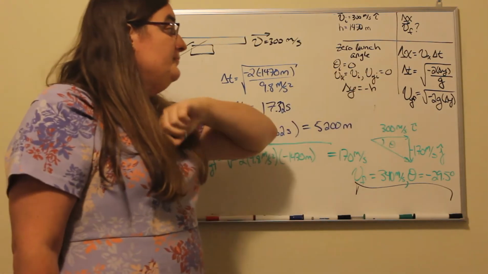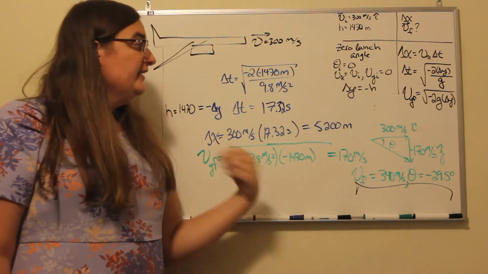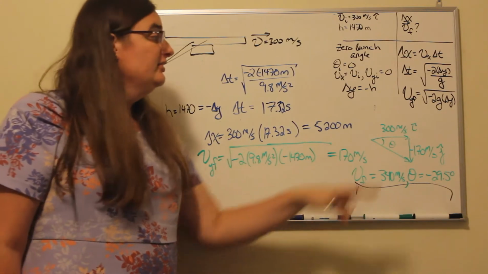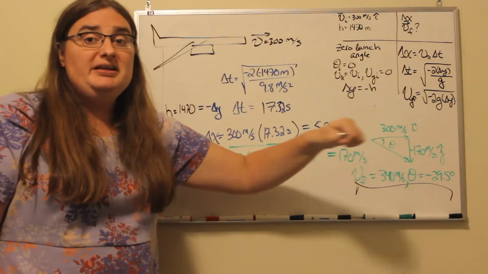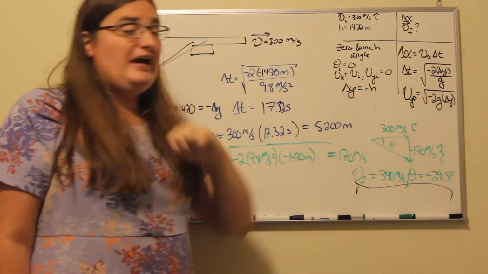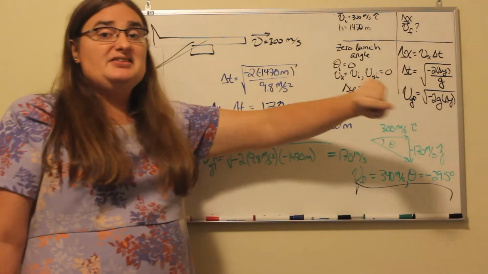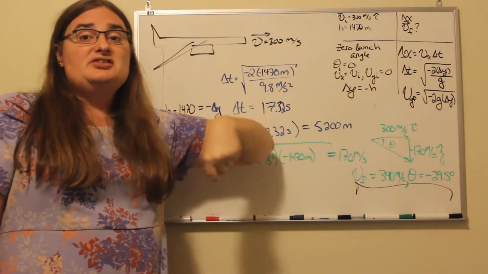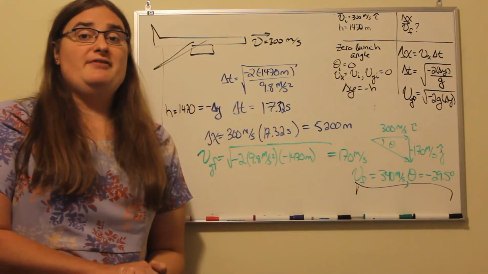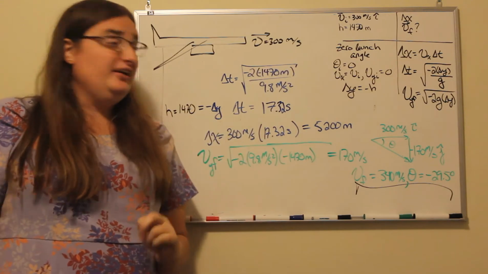For objects with zero launch angle, the time the object falls is the square root of -2 times our change in y, which is always going to be negative, so we account for that negative sign in the square root, divided by the strength of gravity g, which is always a positive value. So on Earth, 9.8 meters per second squared.